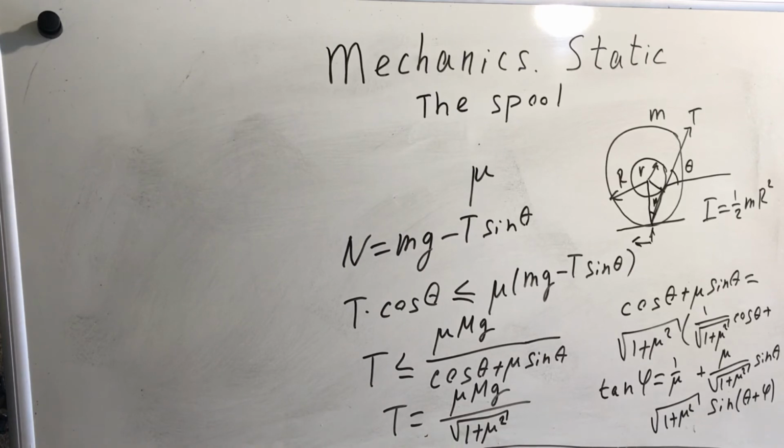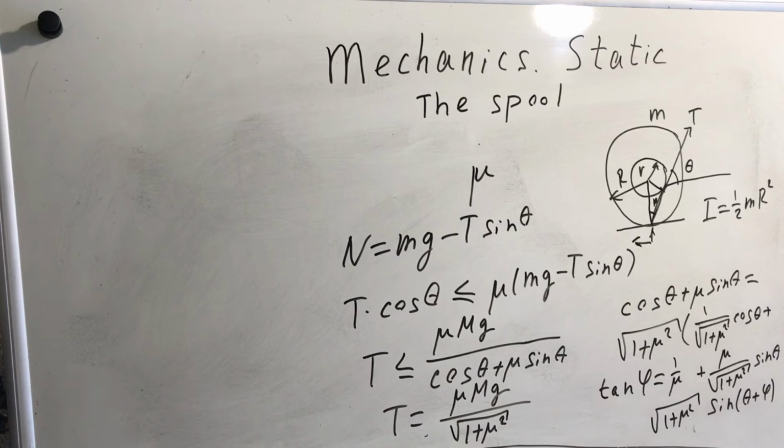And now look at this expression. We have the sine of this angle, this is angle theta, and this is the angle opposite to theta. And let's say the tangent for this angle is 1 over mu.